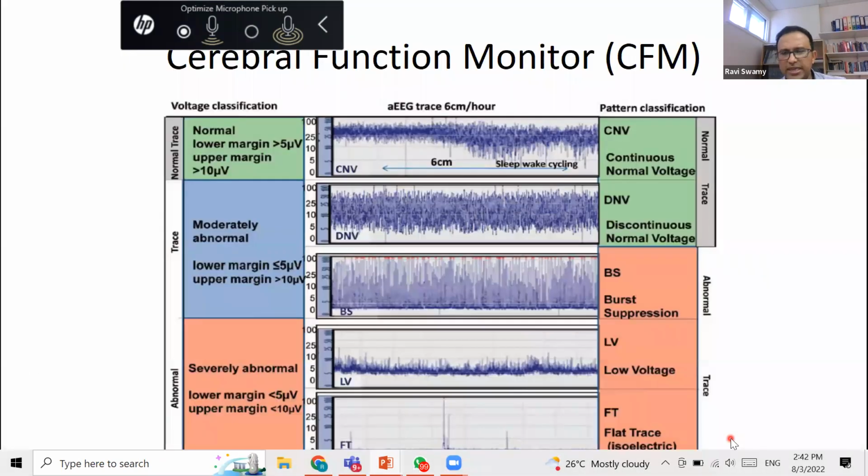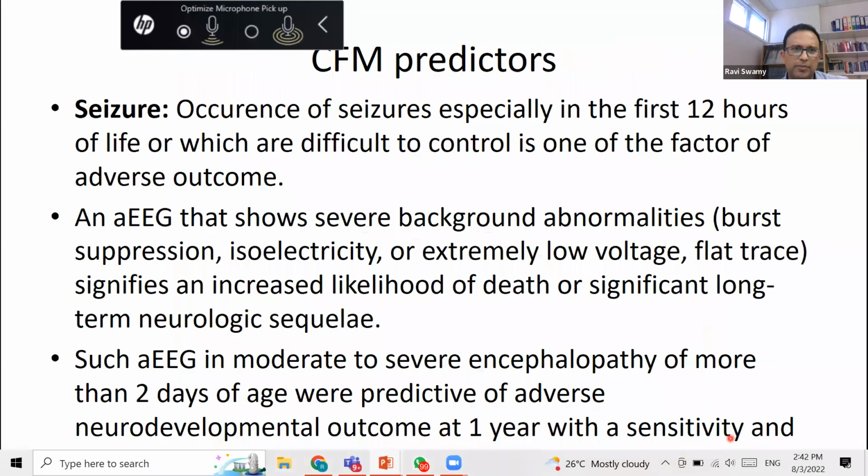So CFM is very easy. Now, what are the predictors of CFM? How can you predict the long-term outcome using CFM? The moment you see seizure, that means this child has had a moderate to severe HIE. So seizures come in moderate to severe HIE. So the moment you see this occurrence of seizures, especially in the first 12 hours of life, that means the child has had severe HIE.